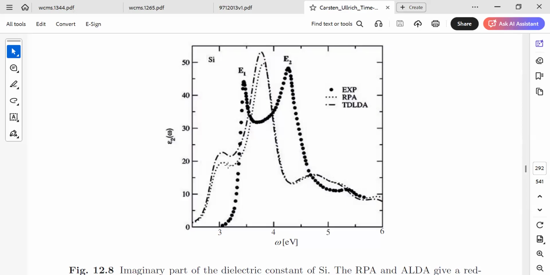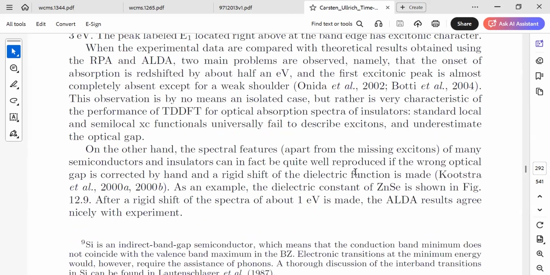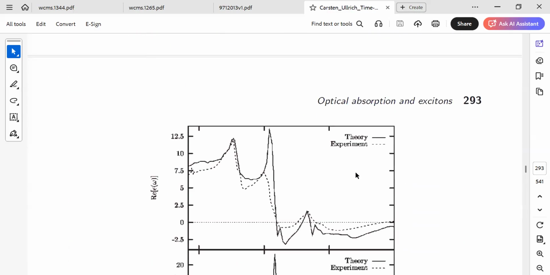There is just some low energy shoulder here, but it is not like two peaks, E1 and E2. The explanation of these things is written here.